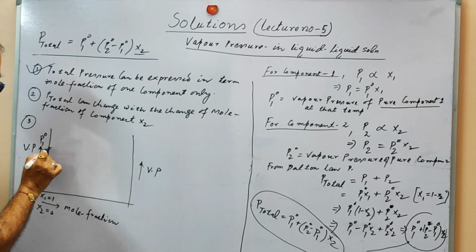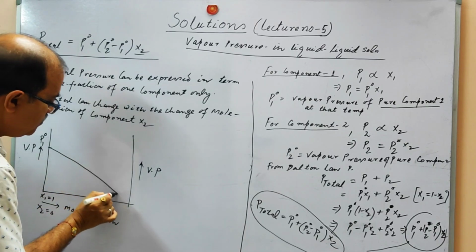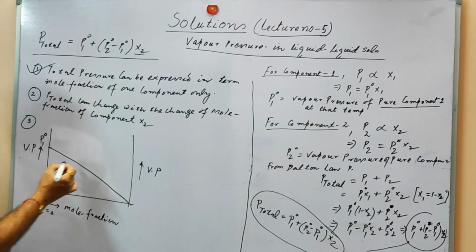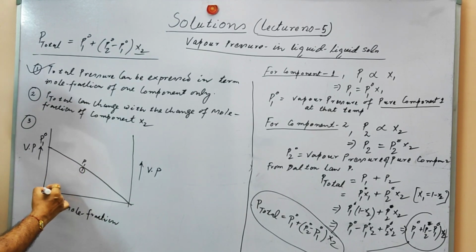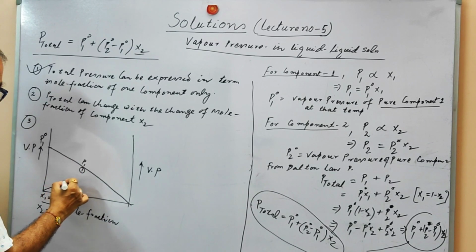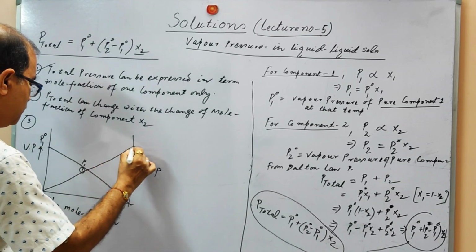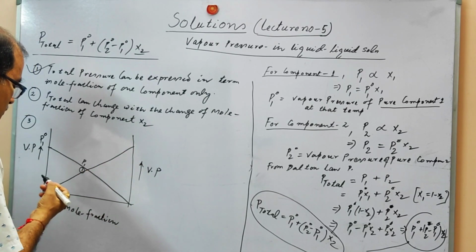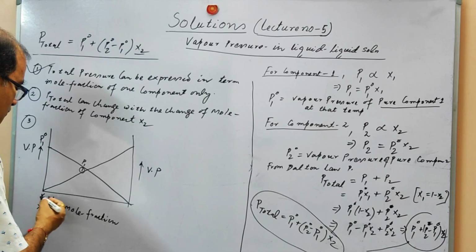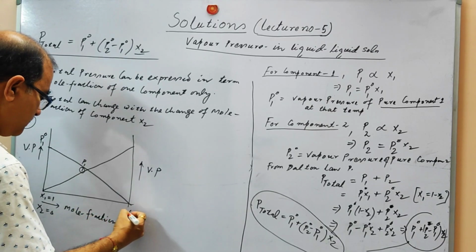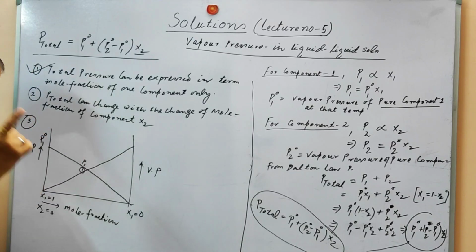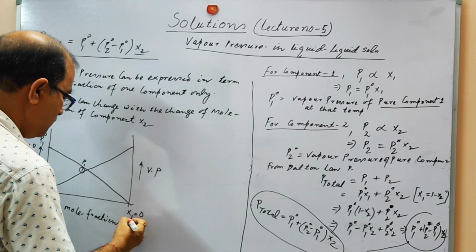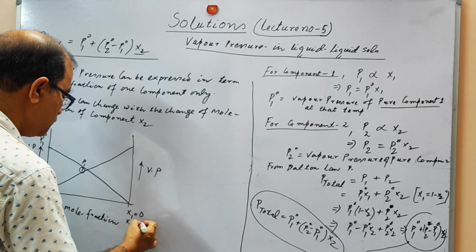Let us understand. This curve is for the vapor pressure of the component 1. We can write this P1 curve, that is curve 1. And when we are increasing the mole fraction of component 2, here you can see x1 is 0, the mole fraction of the component 1 is 0 and the mole fraction of the component 2 is 1.